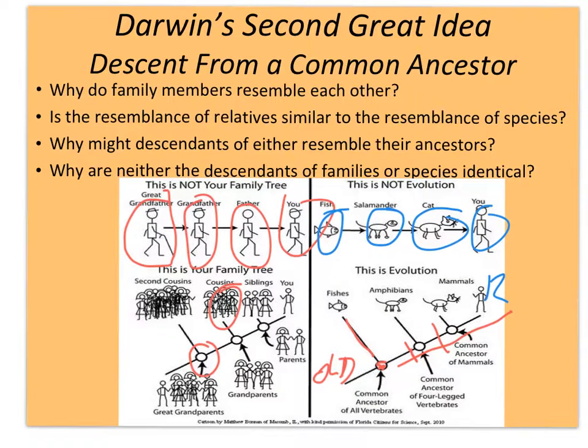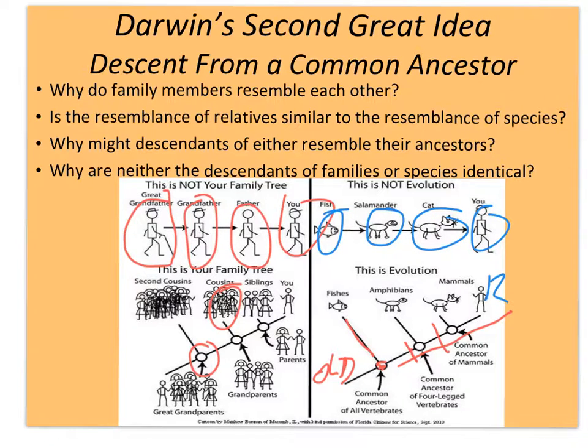Now, why are neither descendants or families of species identical? Well, there were mutations and there were changes that led to some of the differences. Also, which actual genes you inherited depends on whether you got them from your mother or your father.